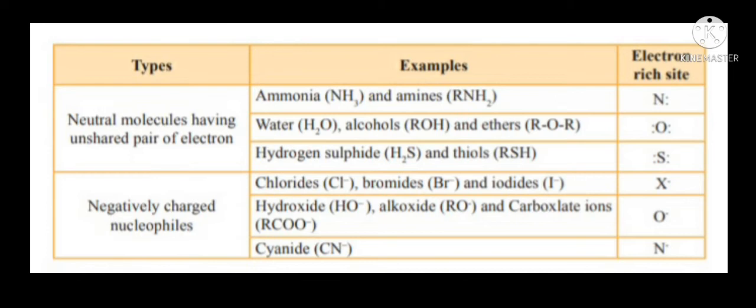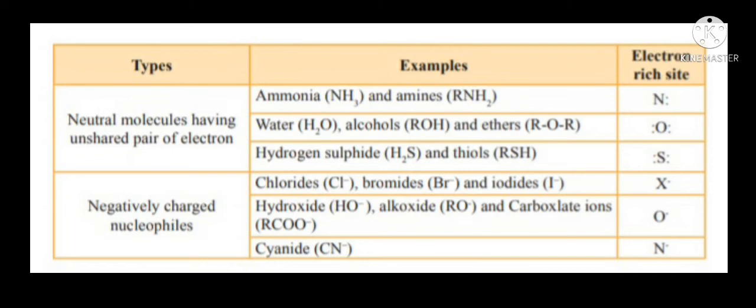Next, water with the formula H2O, alcohol with the formula ROH, ether with the formula ROR. Here the electron-rich site is oxygen with two lone pairs of electrons. Next, hydrogen sulfide with the formula H2S and thiols with the formula RSH. Here the electron-rich site is sulfur with two lone pairs of electrons.